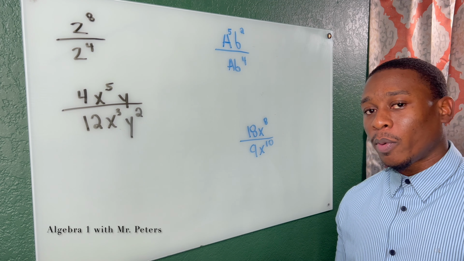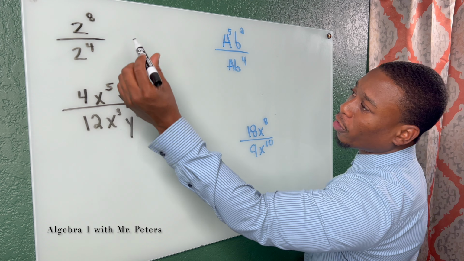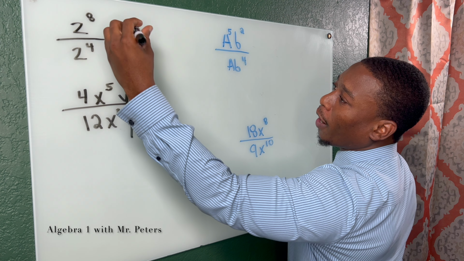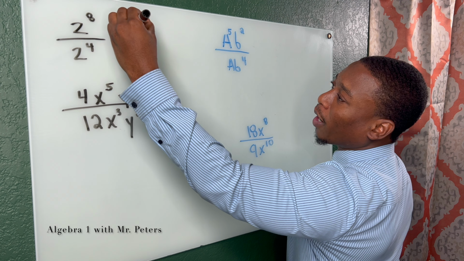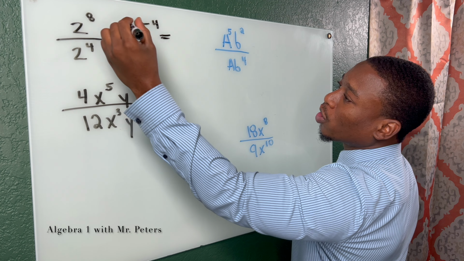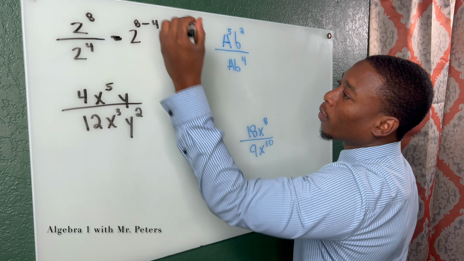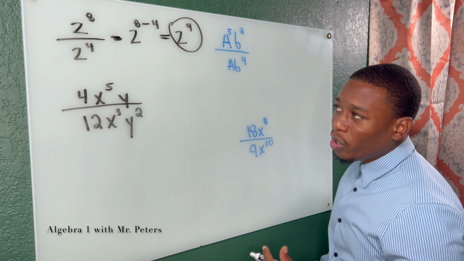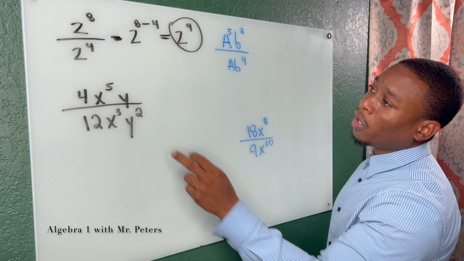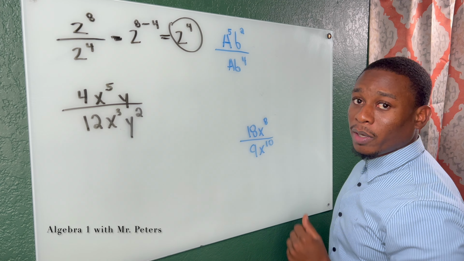In our practice problem now, guys, we're going to apply that rule that I spoke about. So when we look at the first example, I have z to the eighth power minus z to the fourth, and as a result, I'm going to get z to the fourth power as an answer. We know this is not going to be a negative exponent because the exponent in the top is larger than the exponent in the denominator.